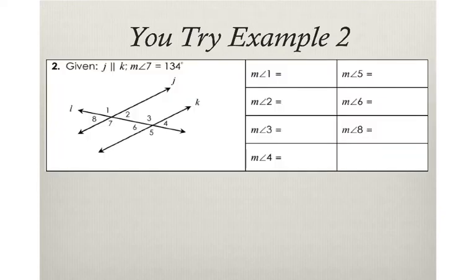All right, so let's look at number 2 together. The measure of angle 7 is 134 degrees. Angle 7 and angle 3 are alternate interior angles, meaning congruent. So angle 3 would also have to be 134 degrees.